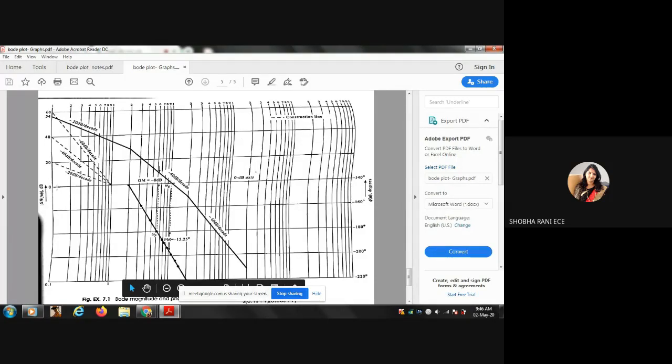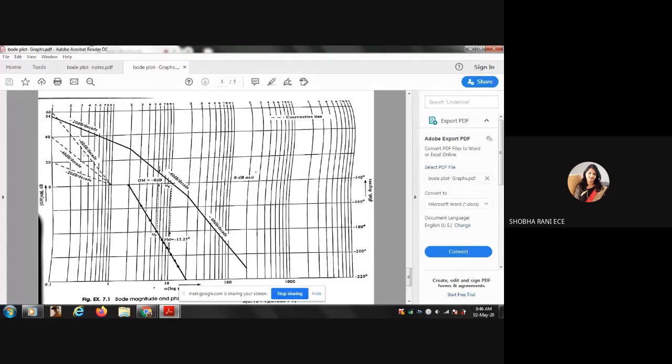Just see your 0 dB line and see where omega equal to 1 is, where it intersects the 0 dB line. Join that point to 20, 40, and 60.